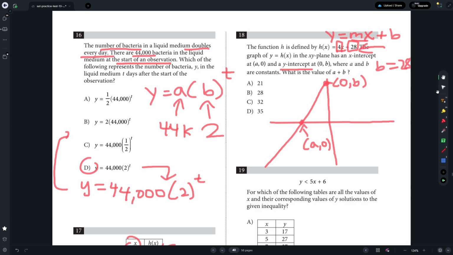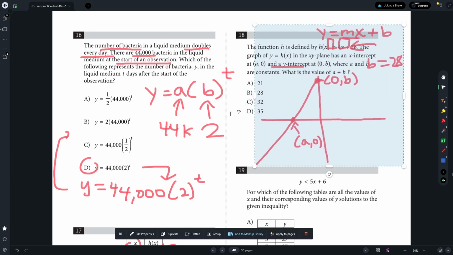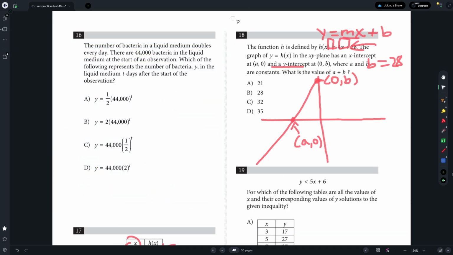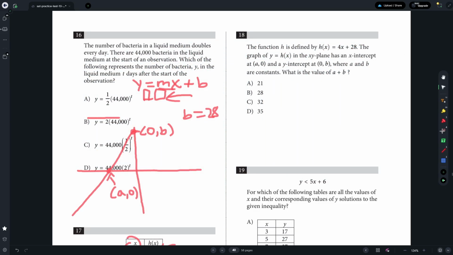So how do we solve for a? We just plug it into h of x. So h of x equals y, so the y value is 0, right? 0 equals 4x, but since the x value is actually a, we'll just put 4a plus 28.